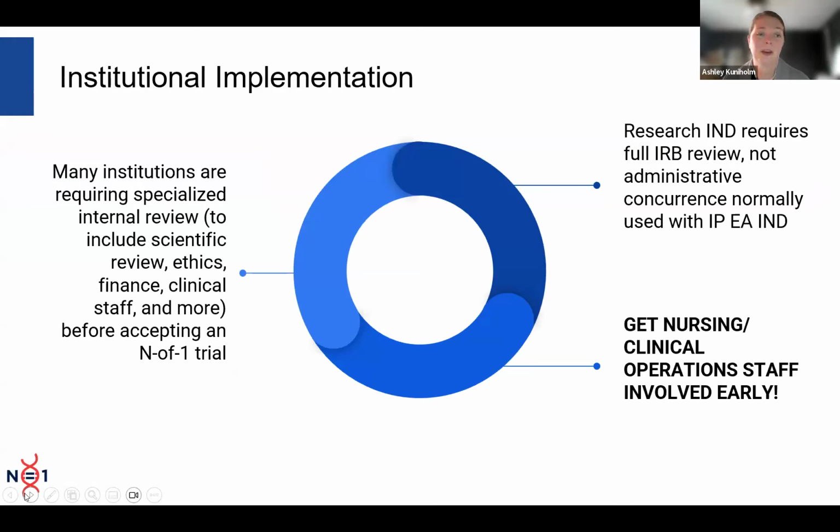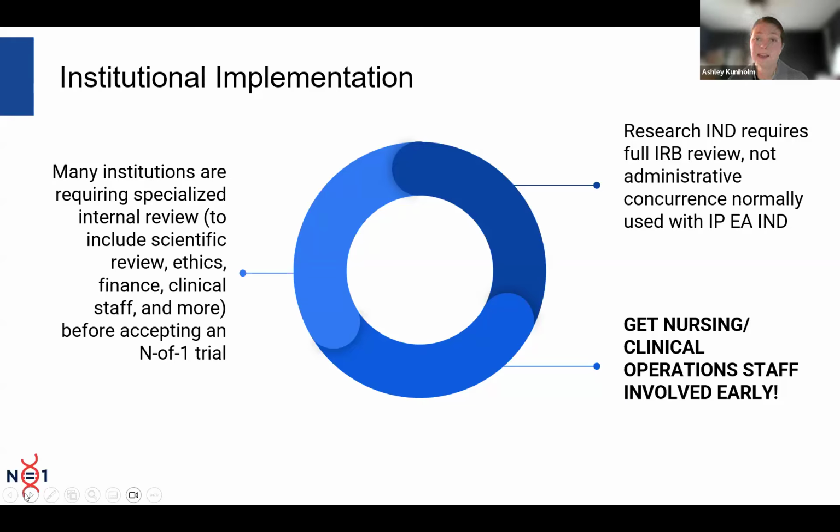These internal review committees will have scientific review, ethics evaluation, finance. The people paying the bills at the hospital definitely want to get involved. The clinical staff. So there's a lot of internal review and a lot of people to check in with before they'll start accepting doing an N-of-1 trial.